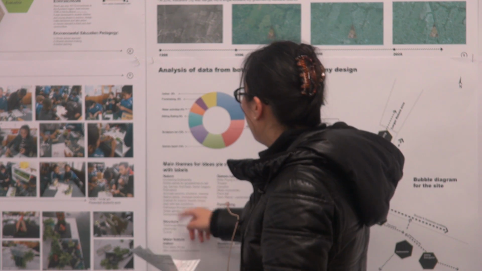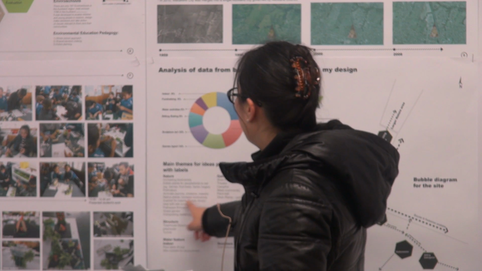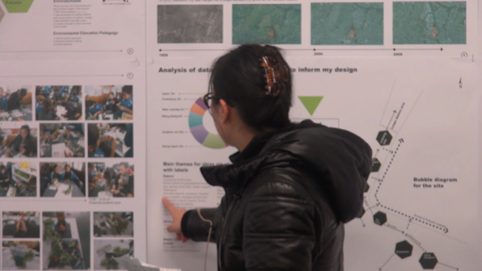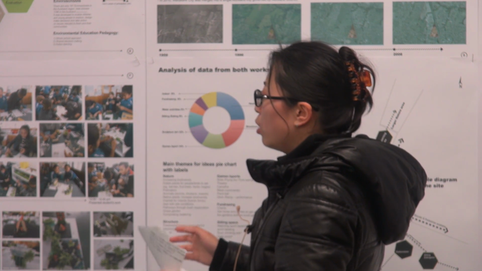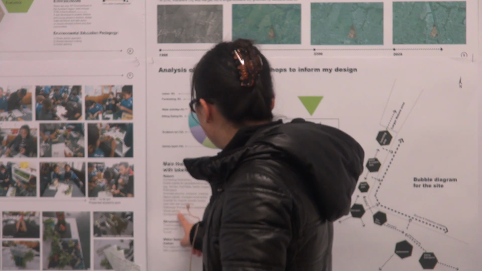They have some details, like they want some edible plants for people or birds, and also they want some worm or insect boxes or something.